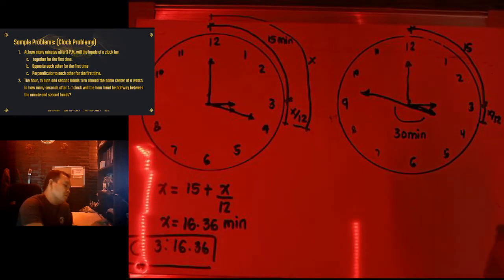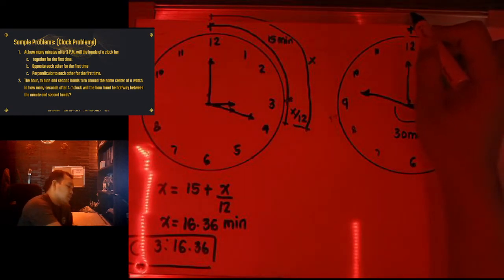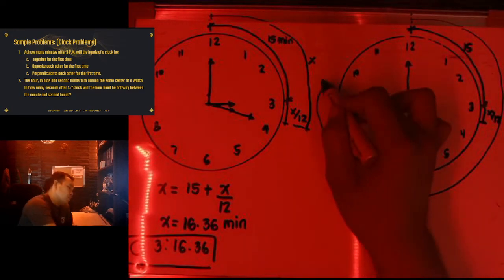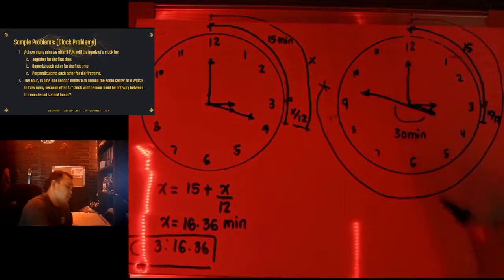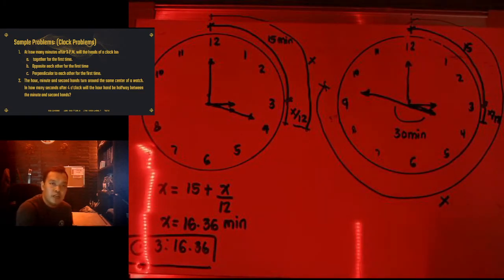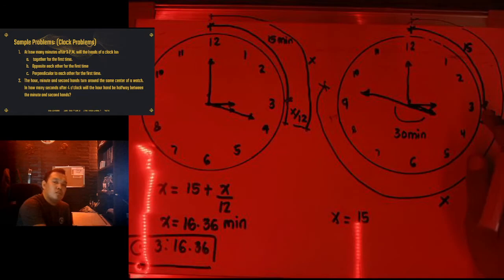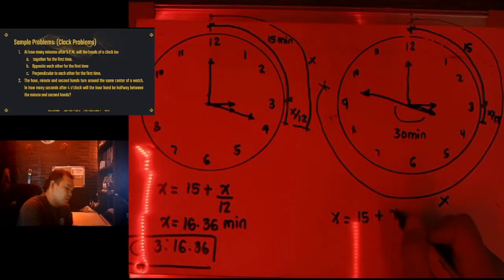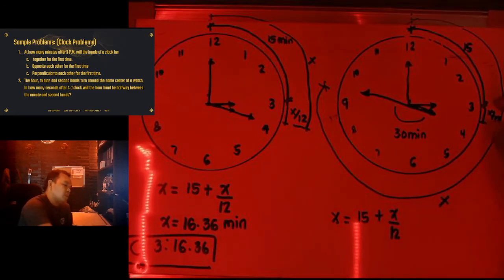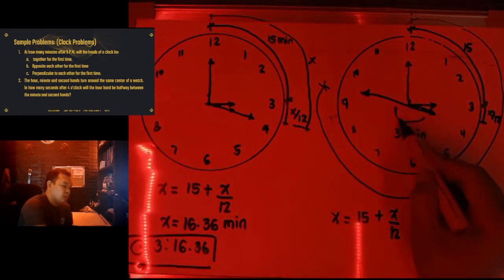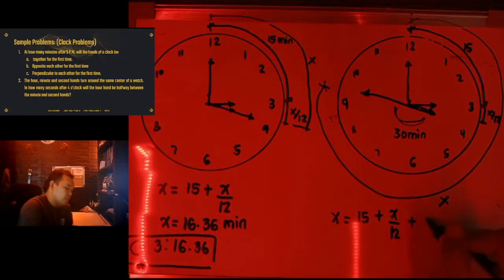Okay. So this point, up to here, will be our distance x, which is the distance traveled by the minute hand. To get the equation, we could say that x is equal to 15 minutes plus the x over 12 traveled up to here, plus this travel to here, which is 30.